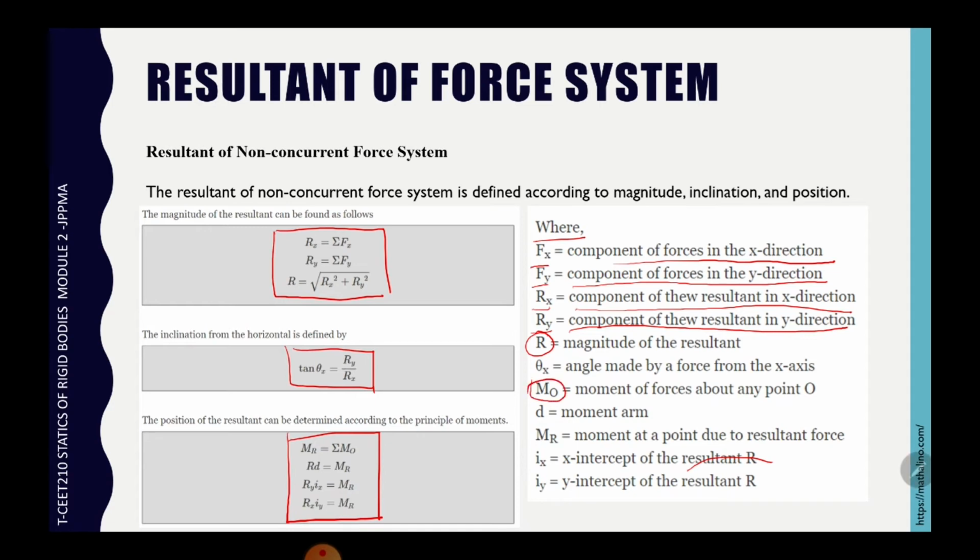And then MO is the moment of forces about any point O, and d is the moment arm, which is the distance. MR is the moment of a point due to the resultant force, and Ix and Iy is the intercept of the resultant R.